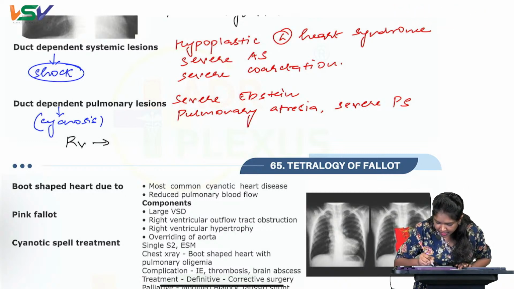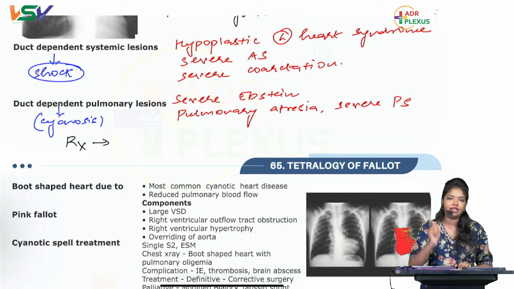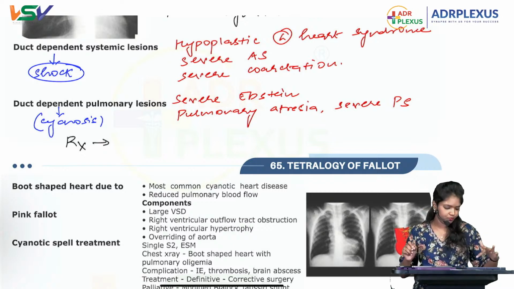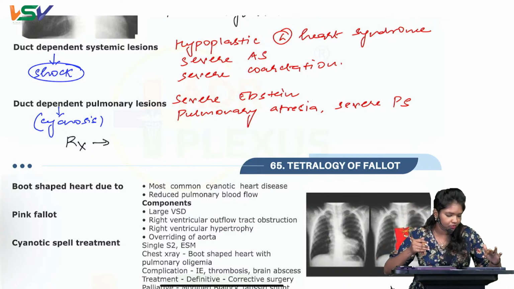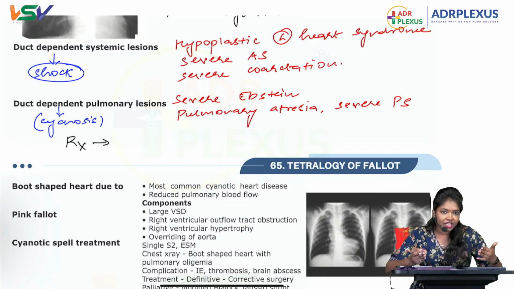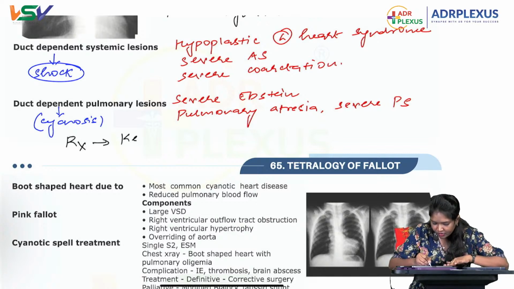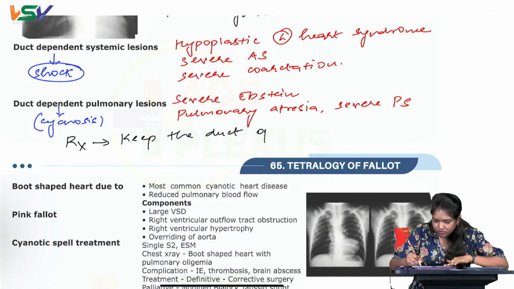Treatment. If there is a duct dependent lesion, what will you do? If you diagnose a duct dependent lesion, it is dependent on the duct, so you have to keep the duct open. To keep the duct open, what will you use?